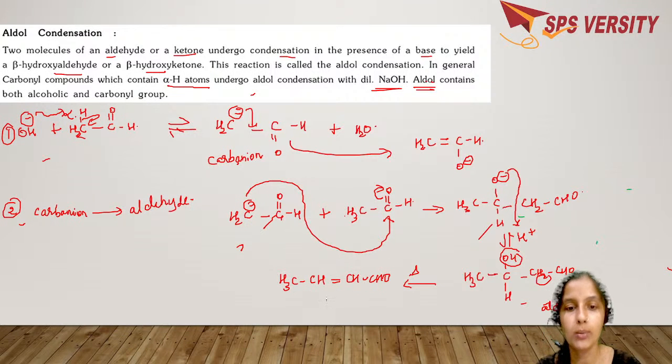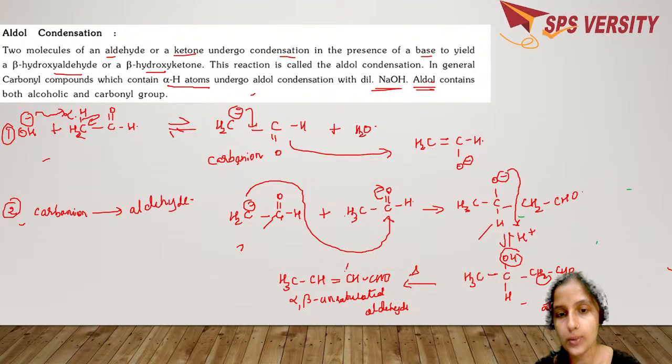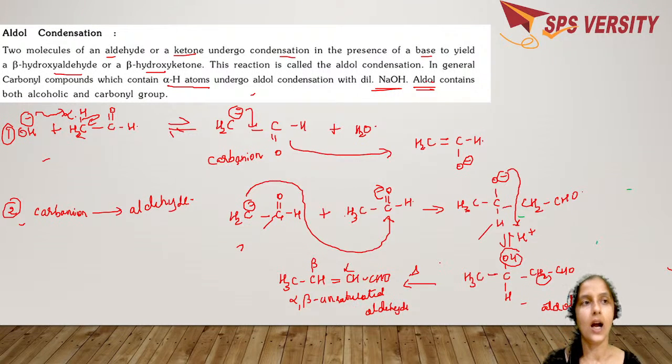So you get a double bond in between, and this is called alpha beta unsaturated aldehyde. Why is it alpha beta? This is the functional group, this is the alpha position, this is the beta position. So between alpha and beta you have the unsaturation. So this is called aldol condensation.